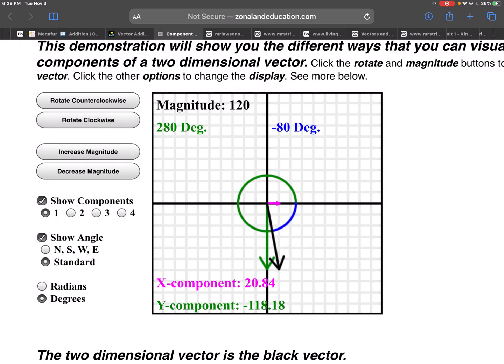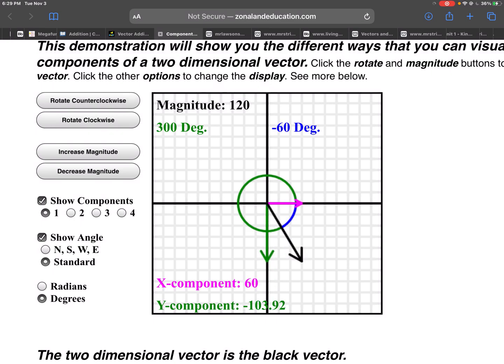If this is 270, and if we moved over to 280 degrees, another way we could show that would be 10 degrees east of south, or 80 degrees south of east. Those are three different ways we could describe that angle right there.